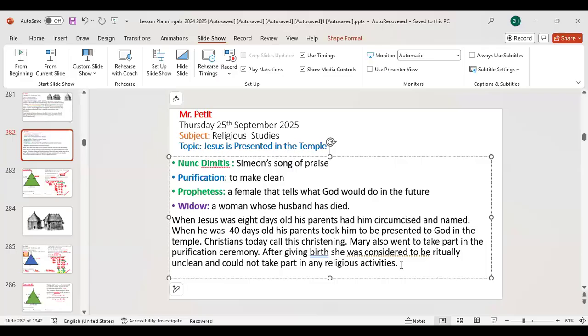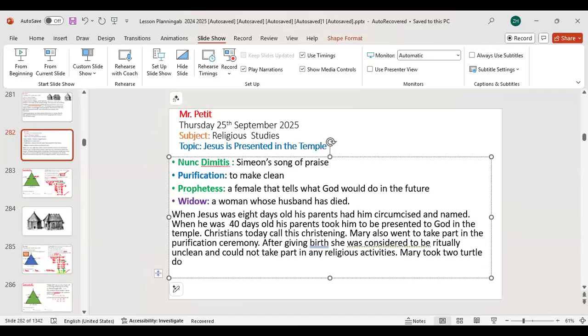Mary had to bring an offering for the purification. So Mary took 2 turtle doves or pigeons to offer as a sacrifice.